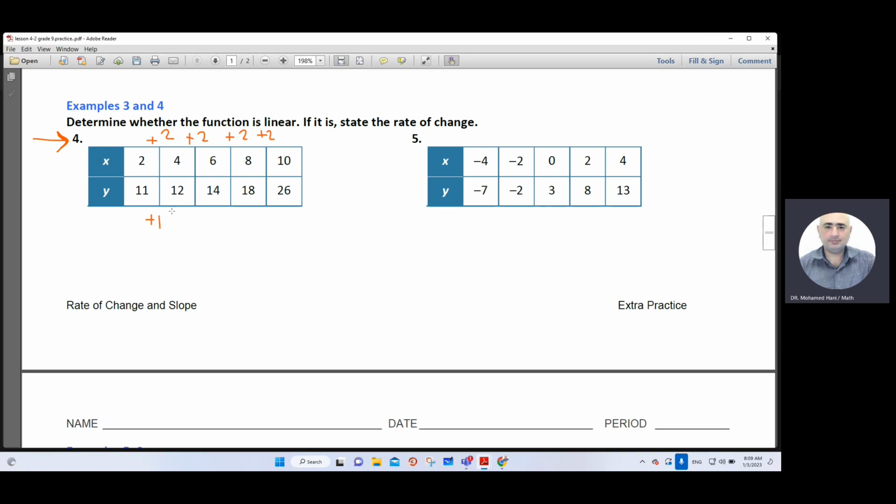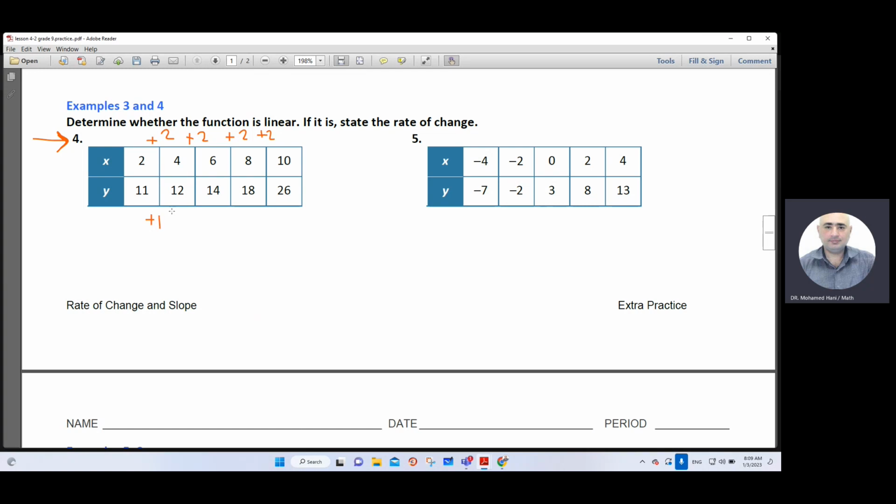So as you see here, from the first values between x and y, the rate of change is 1 over 2. Who can remind us how to find the rate of change? We divide y over x.